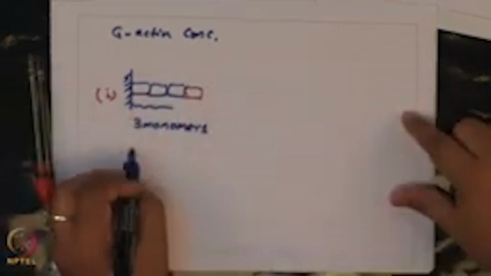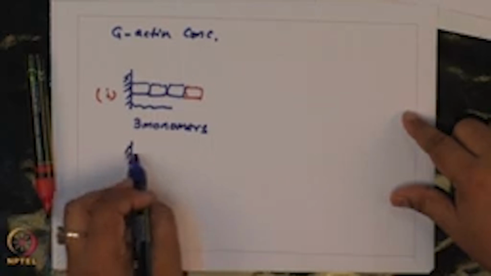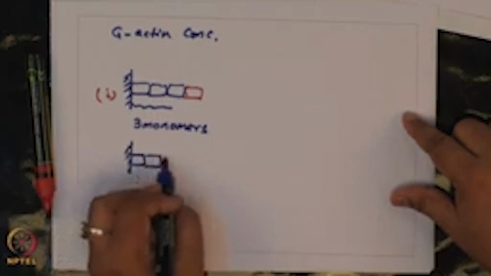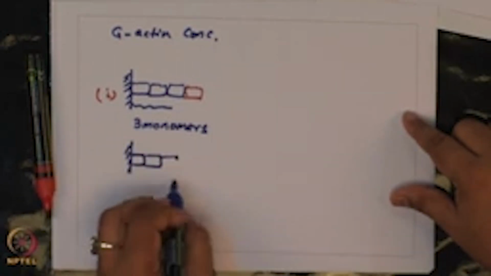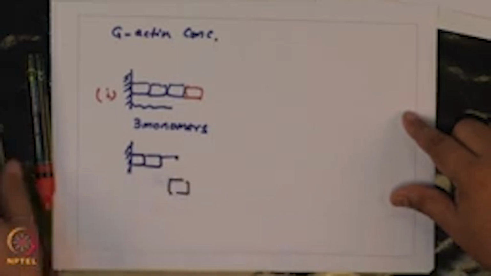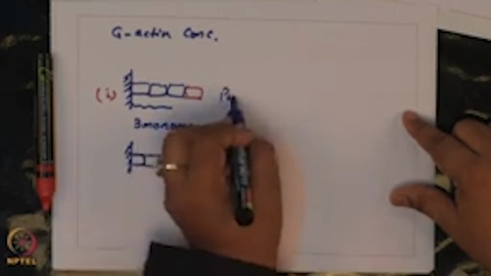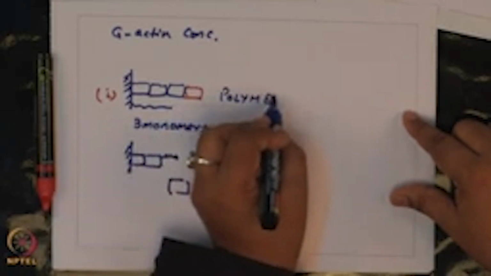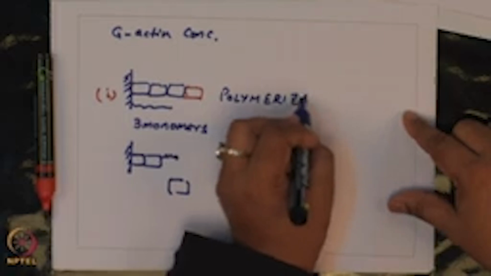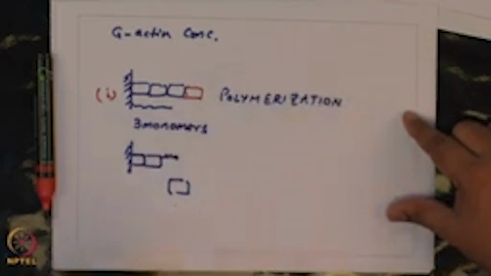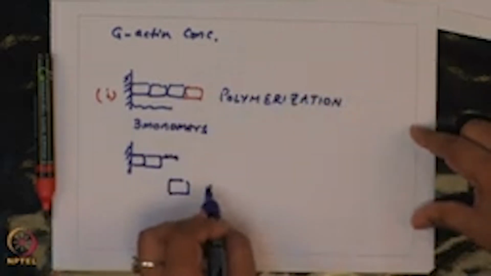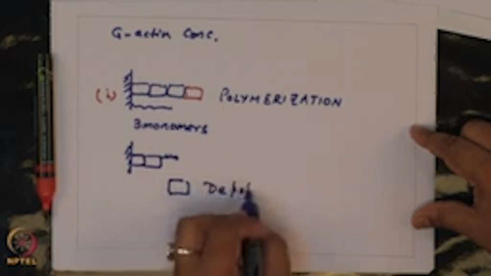The second possibility is that the filament can shrink. This signifies depolymerization, and the earlier one is polymerization.